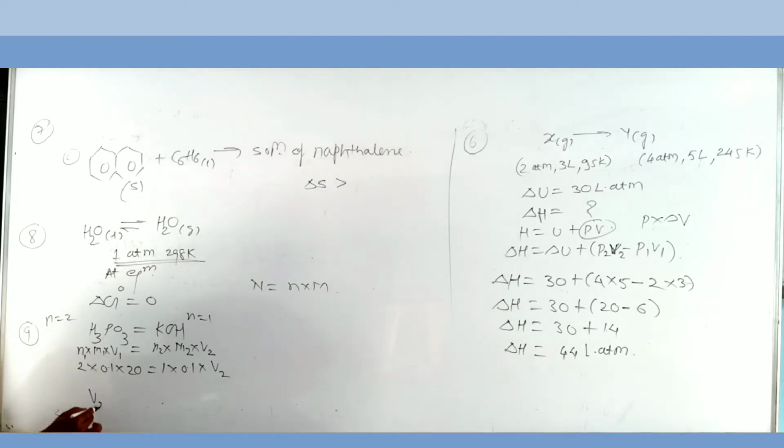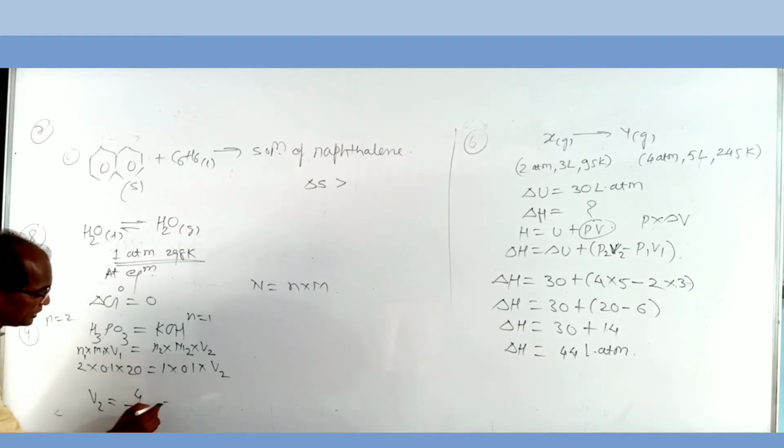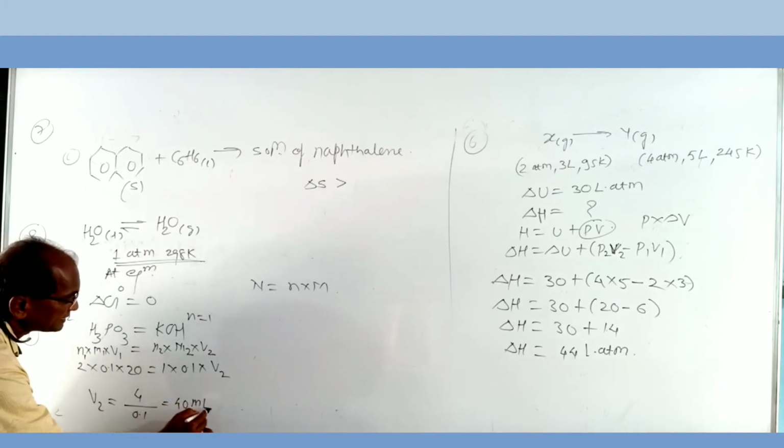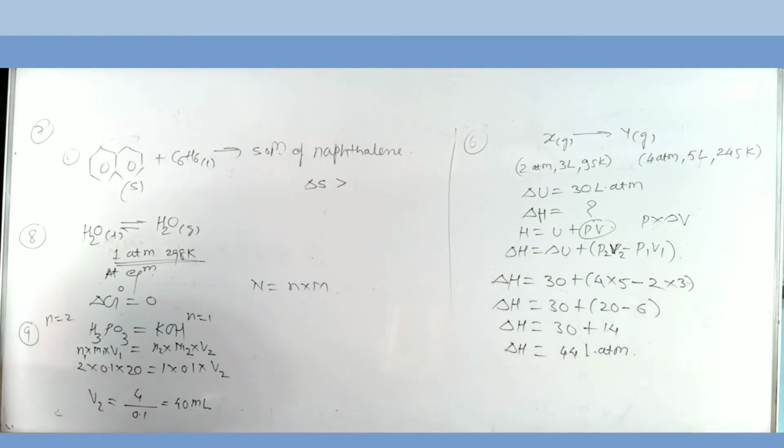Therefore, V2 is equal to 2 into 2 divided by 0.1. It gives 40 ml. 40 ml of KOH is required to neutralize 20 ml of 0.1 molar aqueous solution of phosphorus acid. Therefore, the correct answer is C.